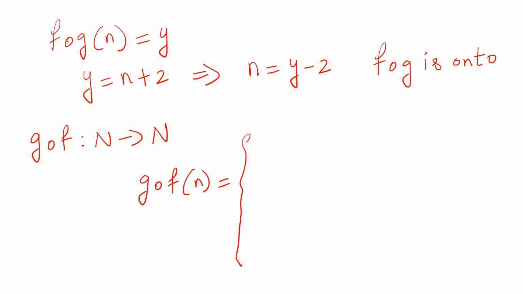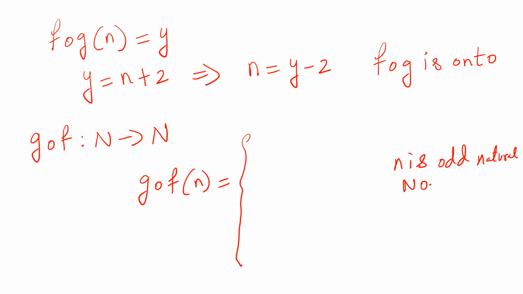Now students, when n is an odd natural number, then the value of f of n is (n plus 1) whole divided by 2. Now since n is an odd number, n plus 1 will be even, and when an even number is divided by 2, clearly we are going to get a positive integer.